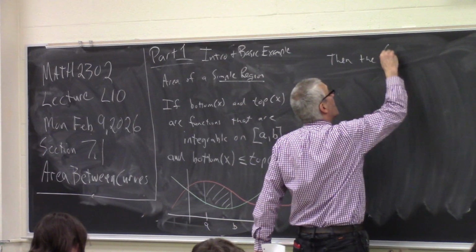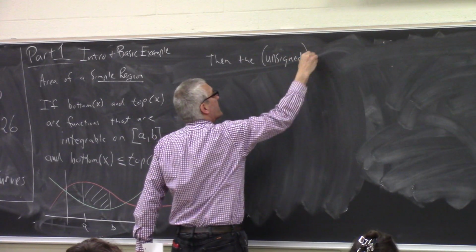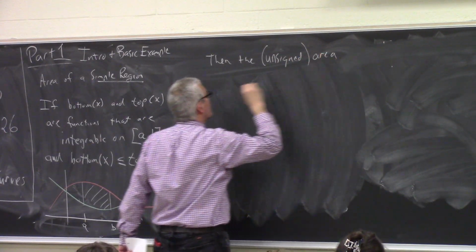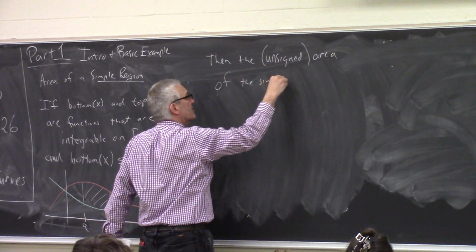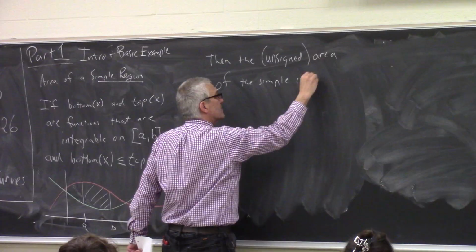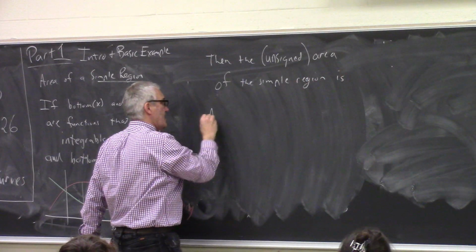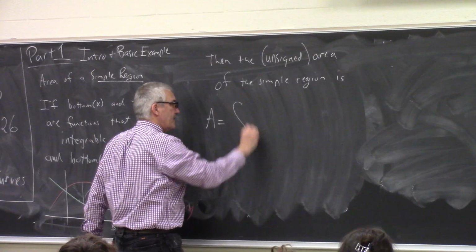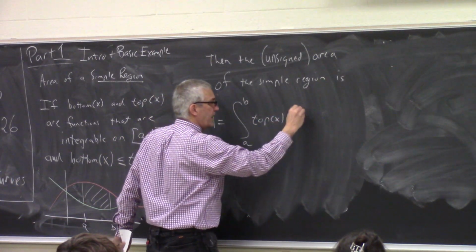So then the unsigned area of the simple region is just this: A equals the integral from a to b of top graph minus the bottom graph.